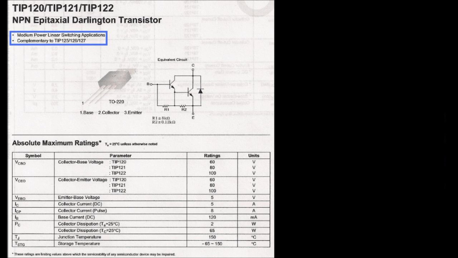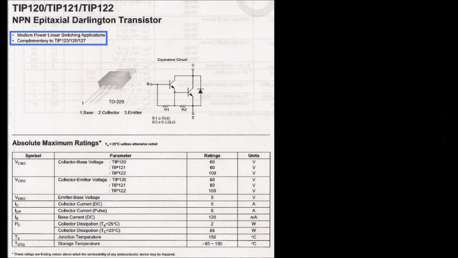It's also designed for switching applications, such as switching regulators and switching power supplies, anything that requires pulsing. The transistor is designed to be able to be turned on and off rapidly. You'll also notice it says complementary.